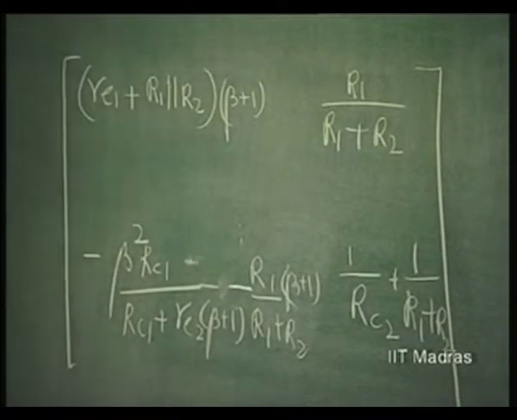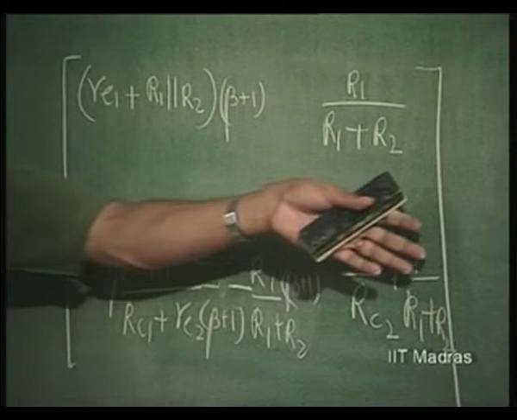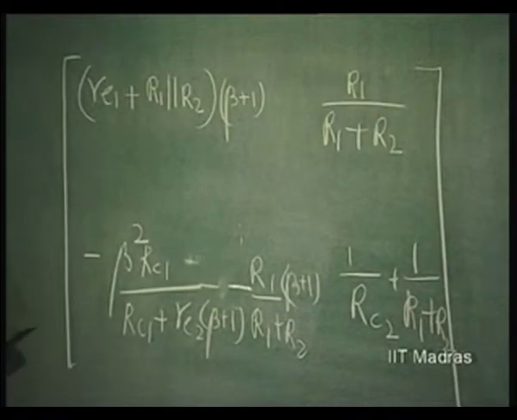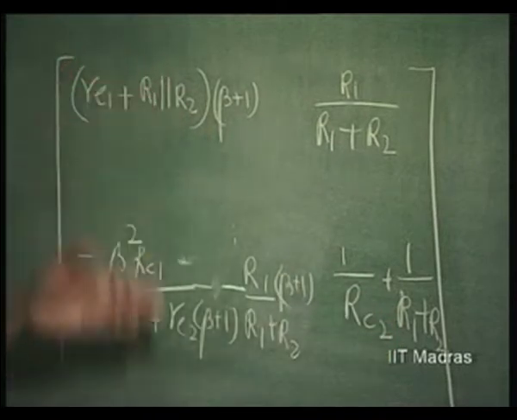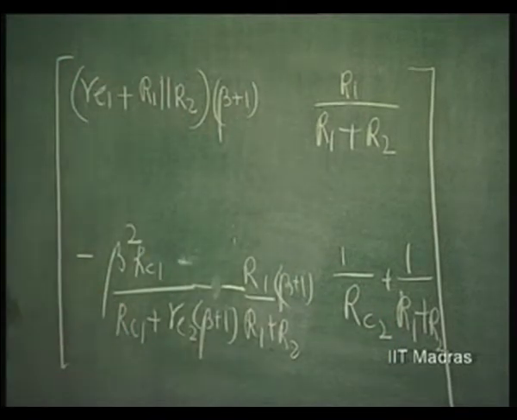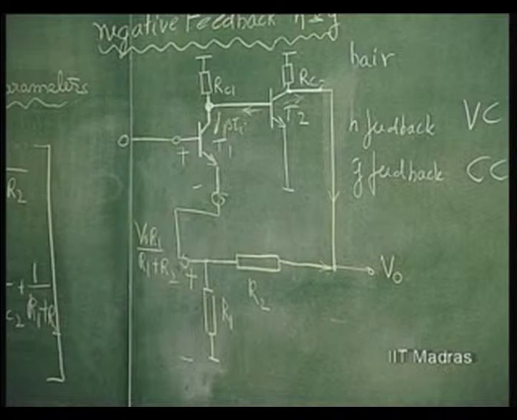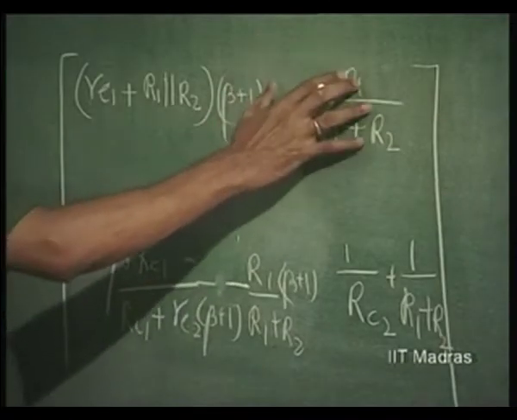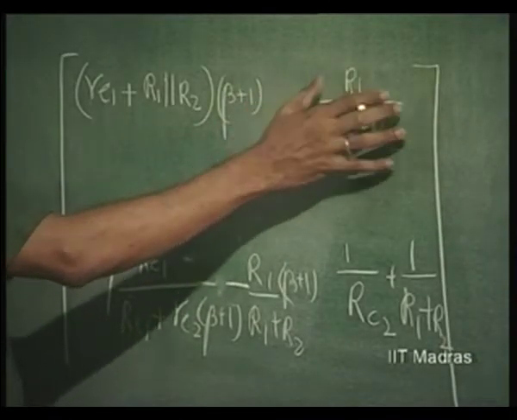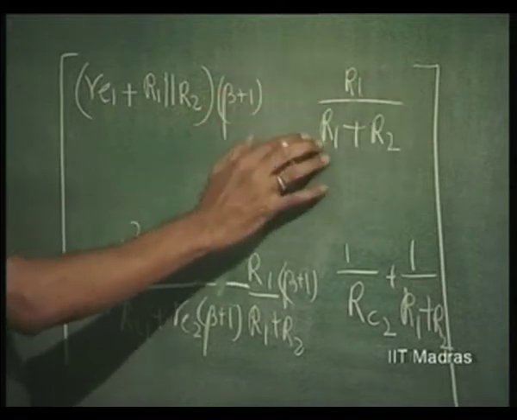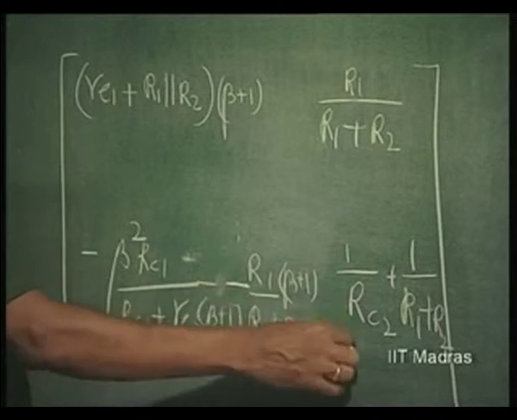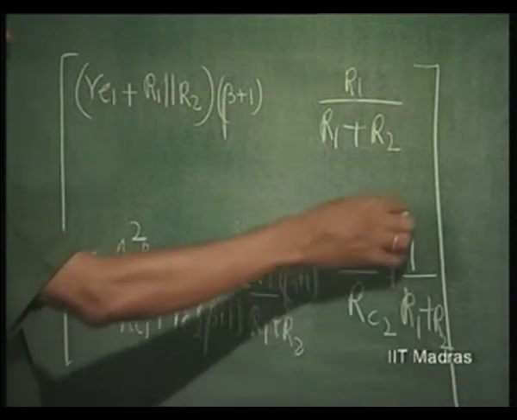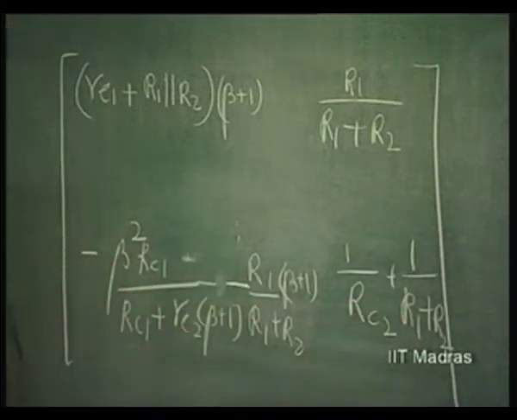So the composite H parameter is very simply evaluated just by looking at the circuit. These are the open circuit parameters, these are the short circuit parameters. You can see that the amplifier does not contribute to the feedback, only the passive network contributes to the feedback. Here, this is the output conductance of the amplifier, this is the conductance of the feedback network.